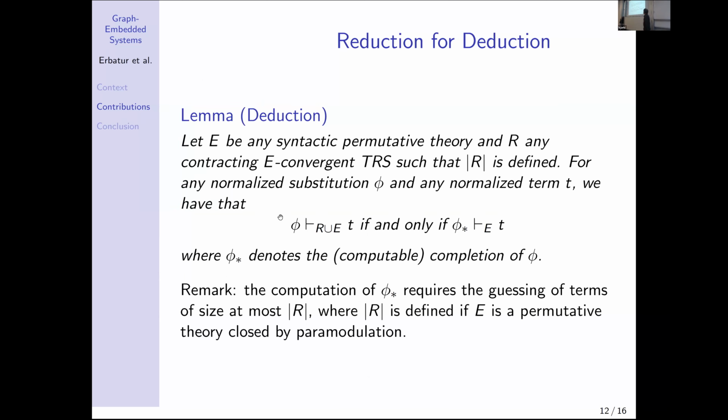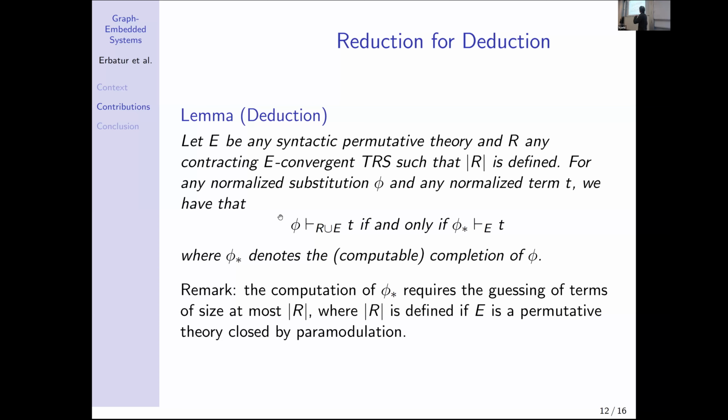And the related procedures are based on reduction techniques. Here I give you the reduction for deduction. The idea of the reduction is to go from deduction in the combined theory to deduction in the theory E. And this reduction is performed using a saturation process that leads to a new substitution, denoted here phi star.